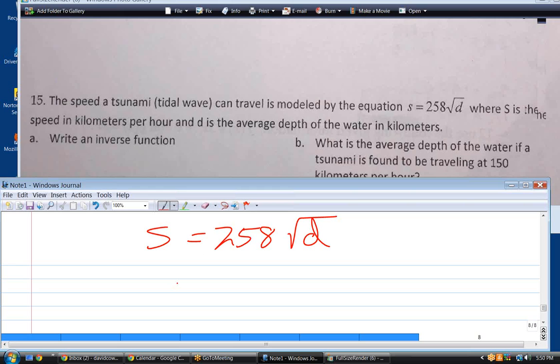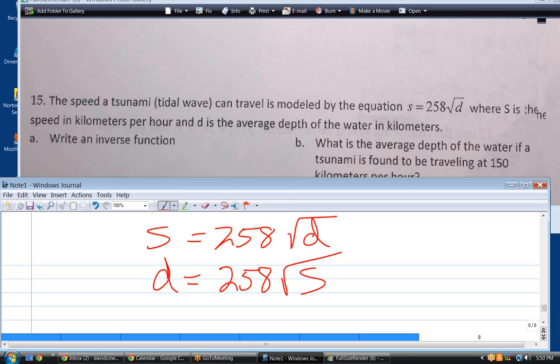What's the inverse function going to be? What's the first step? You change the S and the D. So that's 258 square root of S. Second step? What's the second step conceptually?